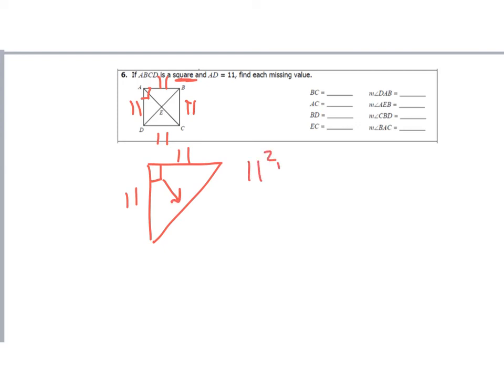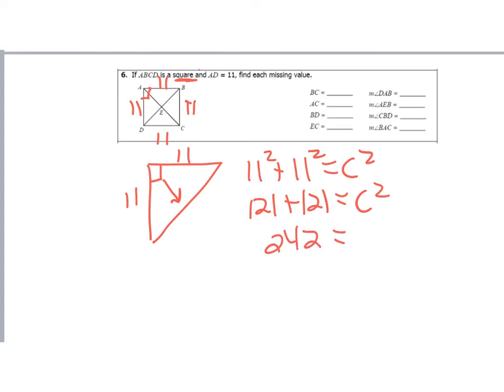So 11 squared plus 11 squared equals c squared. 121 plus 121 equals c squared. This is 242 is equal to c squared. And so c is going to be equal to 15.6.